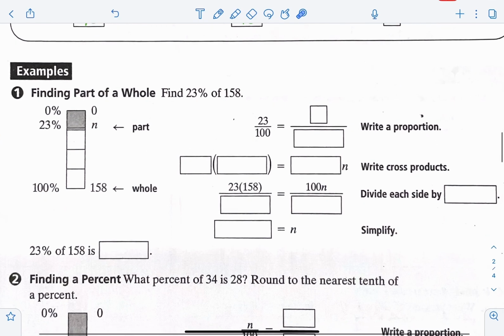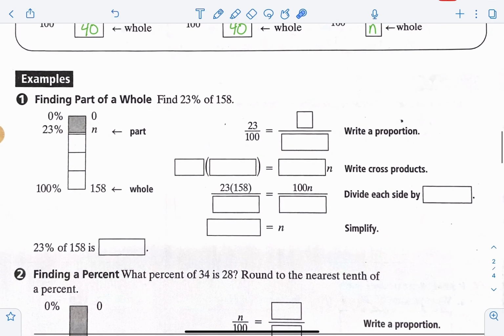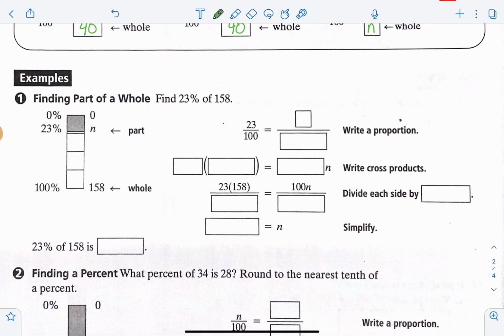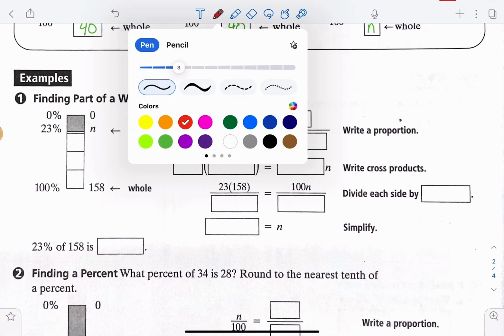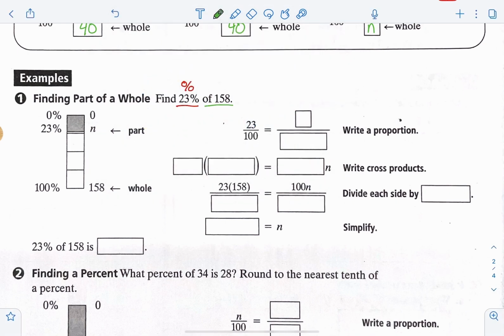So let's look at this first example. It says, find 23% of 158. So 23%, that's going to be our percent. Then it says of 158, so that's going to be our whole, which means the thing that we're missing is our part. Okay, so we're going to set up our two fractions.